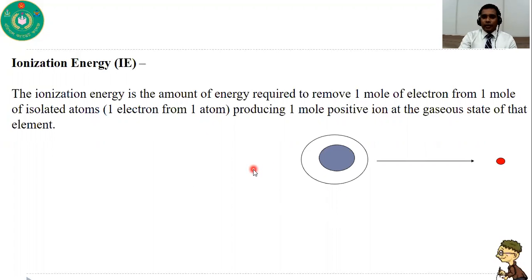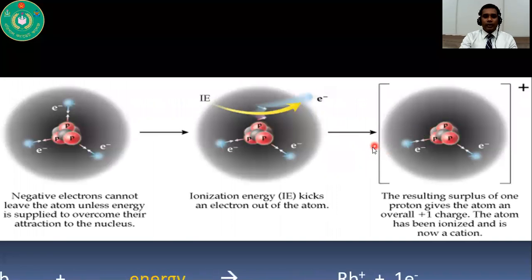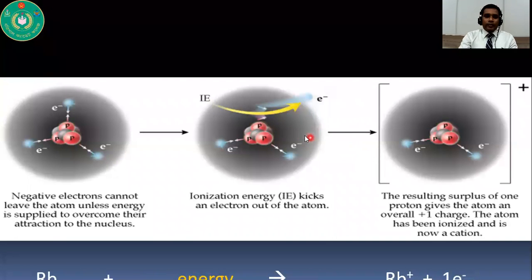I repeat it again. When 1 mole of electrons is removed from 1 mole of isolated atoms and forms 1 mole of positive ions in the gaseous state, it is called ionization energy. Here you can see that negative electrons cannot leave the atom unless energy is supplied to overcome their attraction to the nucleus.